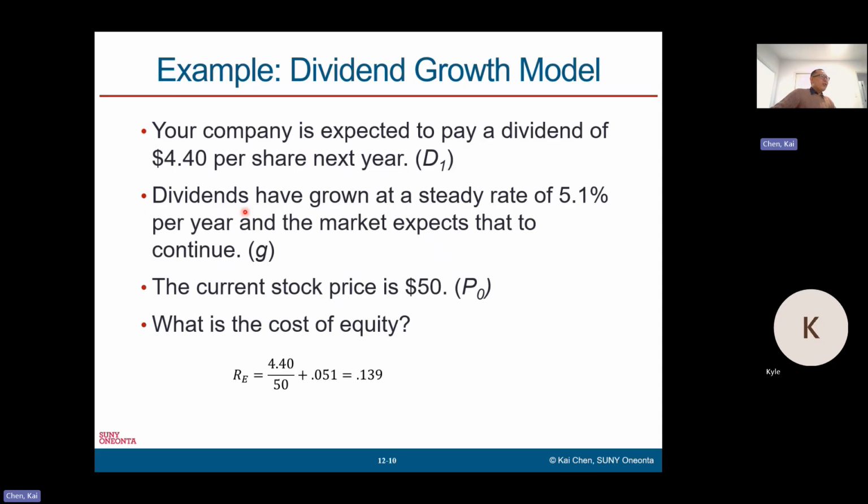Then dividends have grown at a steady rate of 5.1% per year, and the market expects that to continue, at a constant rate G. The current stock price is $50. That is P0. Now, what is the cost of equity? That means what is the required rate of return of equity? Then we can use the formula.